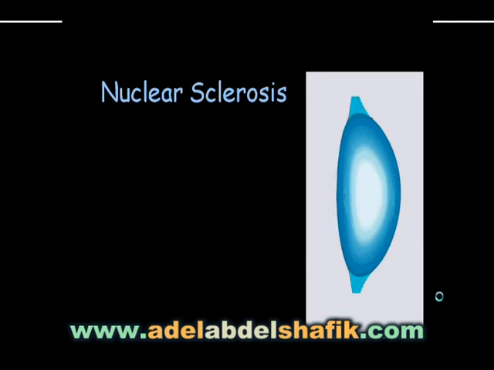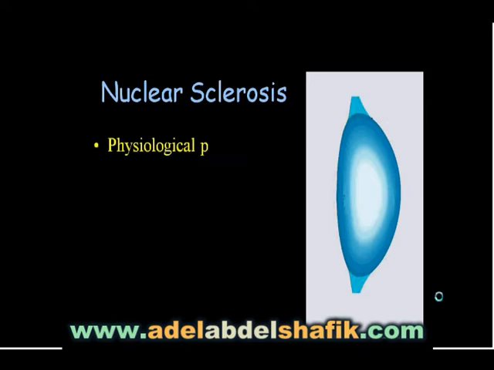Another example is nuclear sclerosis. As we know, the lens comes from surface ectoderm, like the skin, and you know that the skin all the time basal layers are formed and old cells are pushed to the surface and squamate. In case of the lens, it's the closed space, there is no space for squamation, and all the time of our life new layers are added to the periphery, pushing the old fibers toward the center.